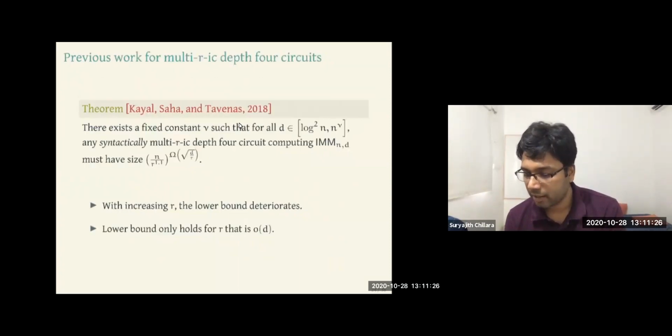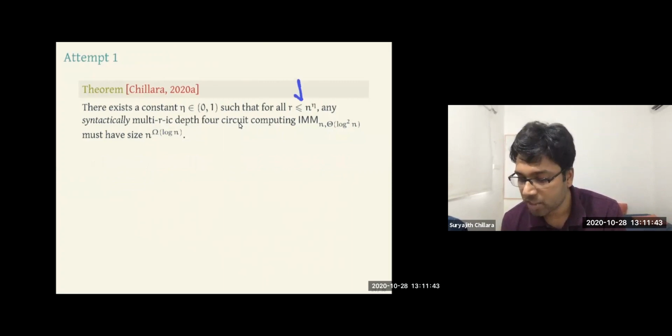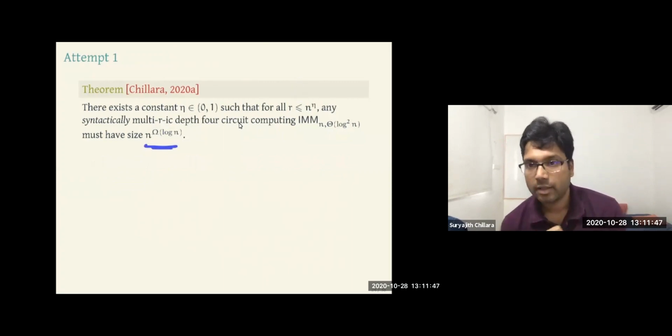Recall that the degree range for Kayal, Saha and Tavenas is really large, between log square and almost sublinear. So we show, for a specific instantiation of d and r that is almost sublinear, a bound that does not deteriorate with r.